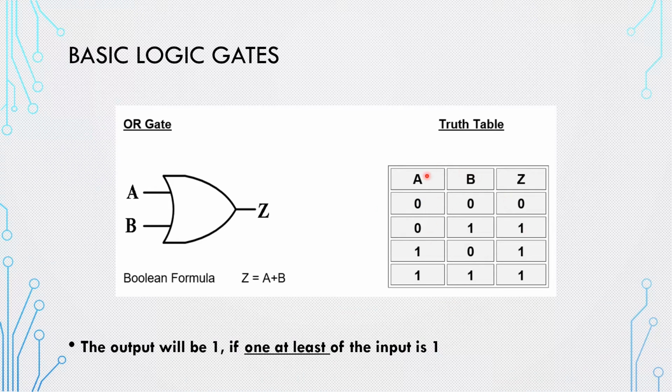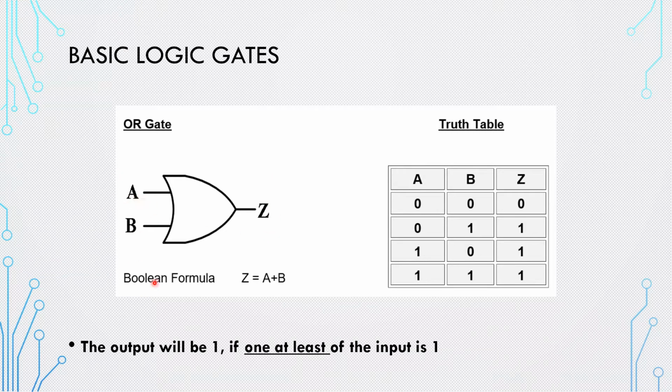So we're going to study all the input situations: 0 0, 0 1, 1 0, or both 1. For the OR gate, you get 1 at the output if either input is 1. Either A or B being 1 is enough to give me the output 1.